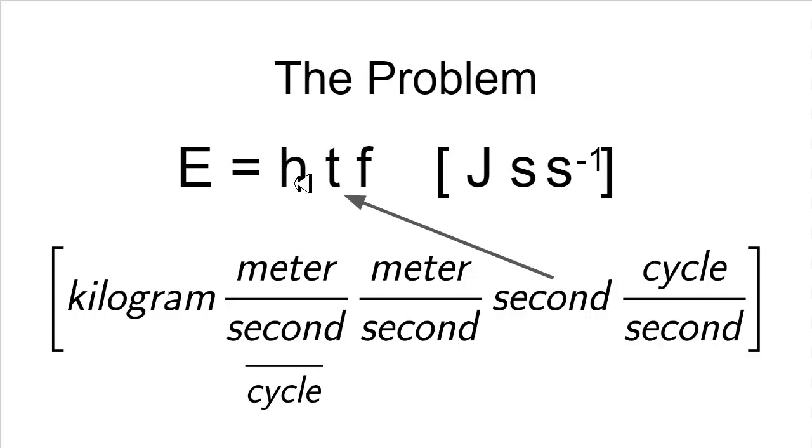So these units here belong to Planck's constant. These units here belong to the frequency term, and this second term here actually belongs to a previously hidden time variable, because this is the equation of an experiment, and all experiments require time, especially equations that have a frequency term.